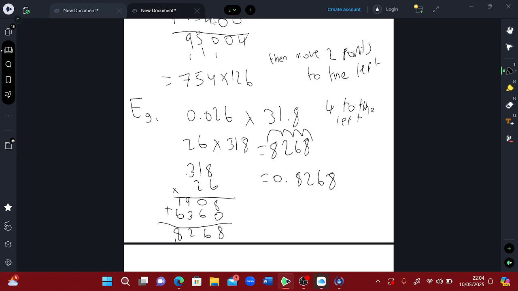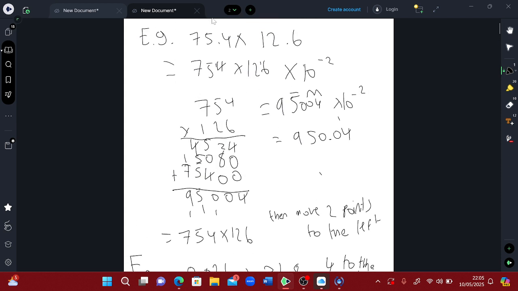And let me just double check that. Oh, yes, that's the answer. So that's how you would approach decimals like that. This is the type of question you'd probably see on the first question or so.